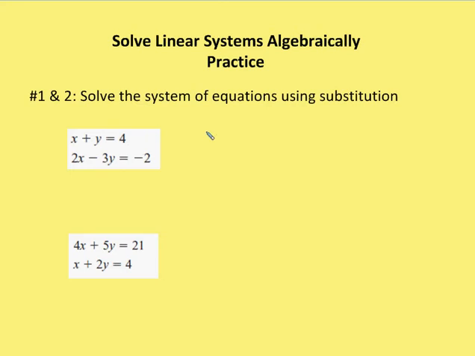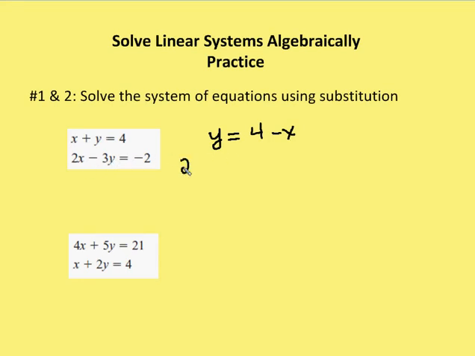So let's just say that in this case, x plus y is equal to 4. We're going to solve for y in terms of x. So I can subtract x from both sides, and I get y is equal to 4 minus x. All right, now I'm going to use this value for y. I'm going to substitute 4 minus x back in for y, and then I'm going to solve for x.